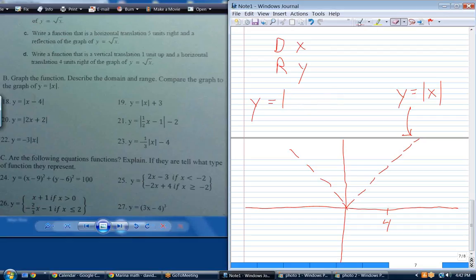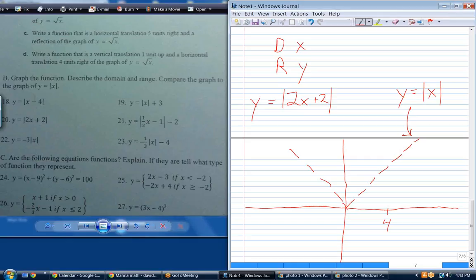All right, now we're going to get a little harder here. What are the consequences of this 2? It translates to the left 2. Yeah, and what are the consequences of this 2 in front of the x? It gets wider.